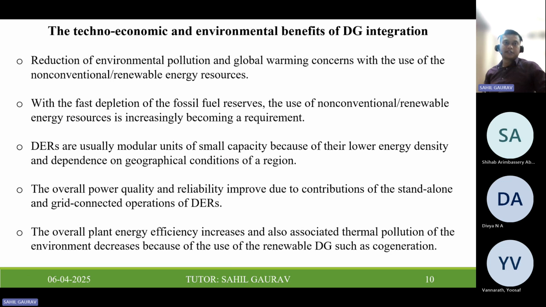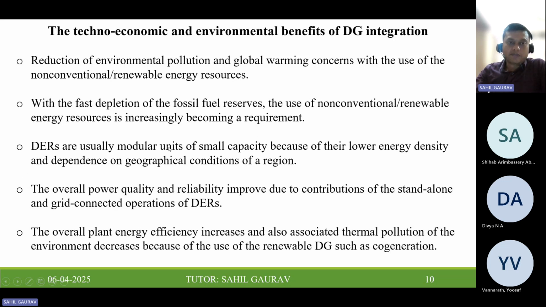Now coming to the techno-economic and environmental benefits of DG integration. So reduction of environmental pollution and global warming concerns with the use of non-conventional renewable energy resources. We all know that, due to global warming and reduction of environmental pollution, we are moving towards renewable energy resources, and with the fast depletion of fossil fuel reserves, the use of these non-conventional renewable energy resources is increasingly becoming a requirement nowadays.